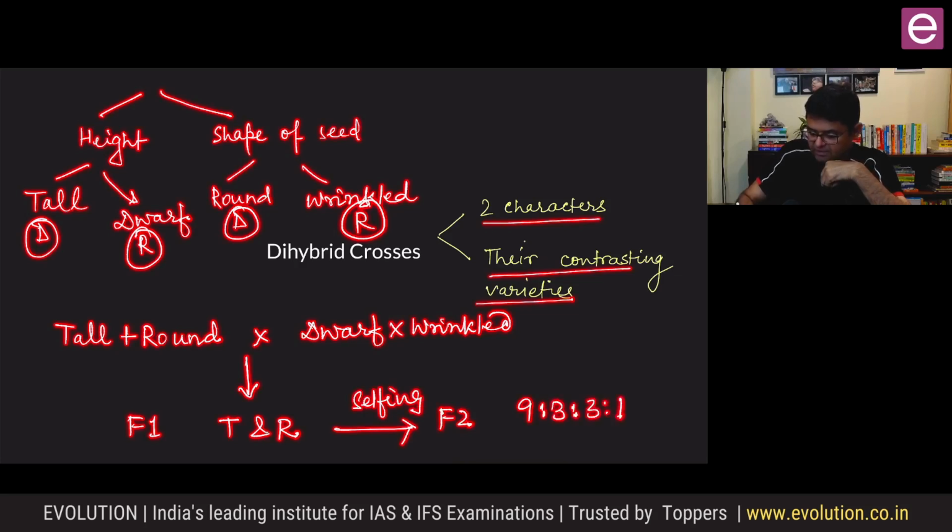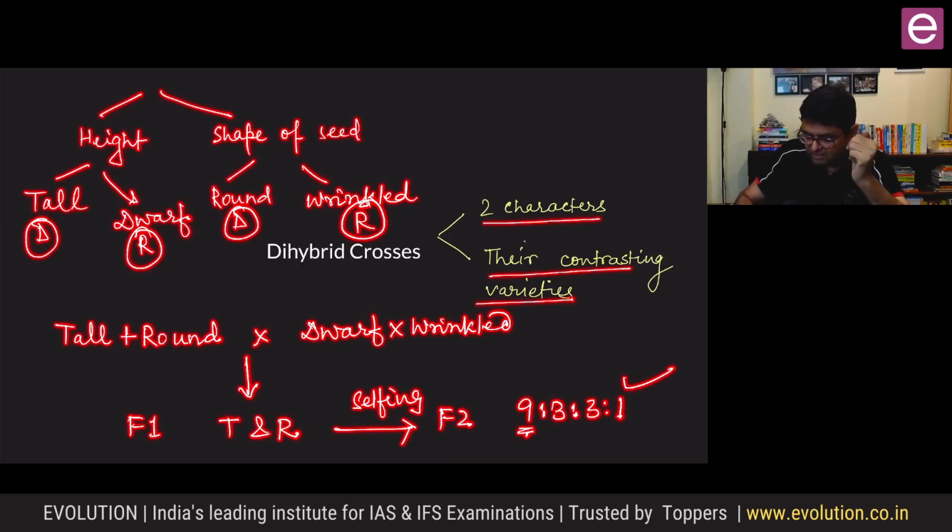Selfing led to F2, which has the famous phenotypic ratio of 9:3:3:1. So 9 is where both dominant traits will be seen. That means 9 out of 16 plants will still be tall and will still show round seed. 1 will be recessive, meaning 1 out of 16 plants will be dwarf and produce wrinkled seed.